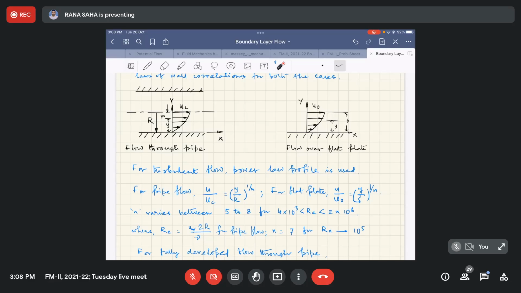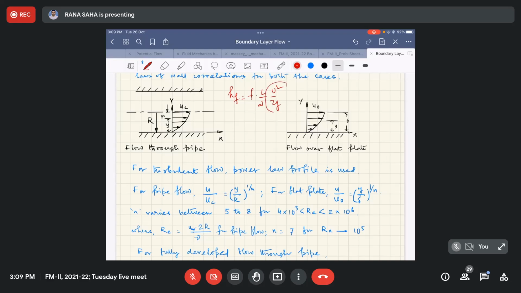Based on that, those observations are clubbed into a single form of equation by introducing a proportionality constant, denoted as friction factor f. So that one can write hf is equal to f L by D times V square by 2g.